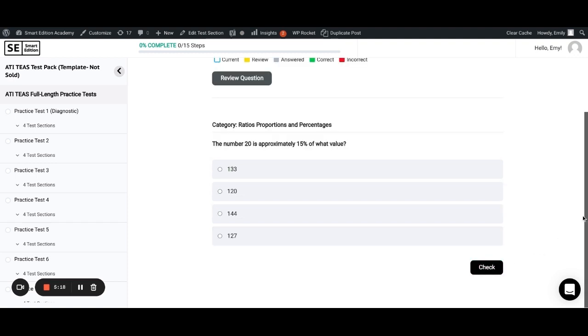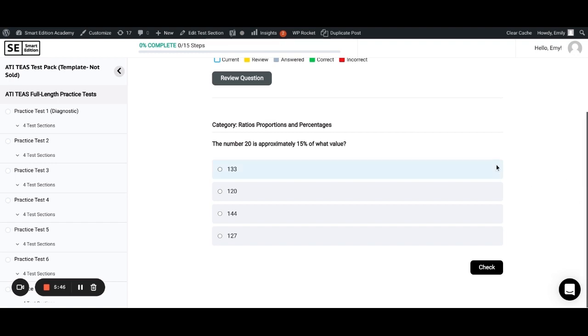Okay, question number 4 is also on ratios, proportions, and percentages. It's kind of similar to what we just did here. The number 20 is approximately 15% of what value? And again, you can also use a proportion to answer this question.